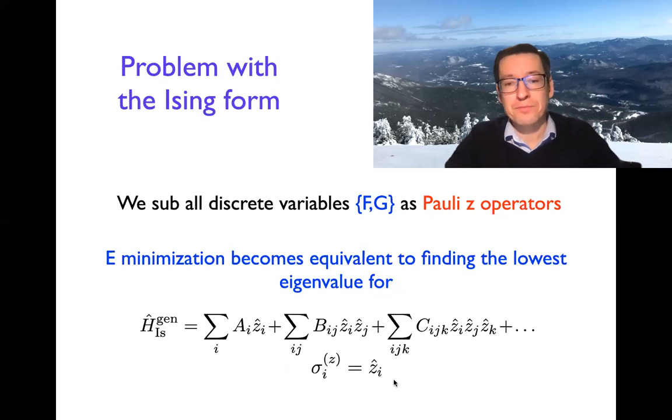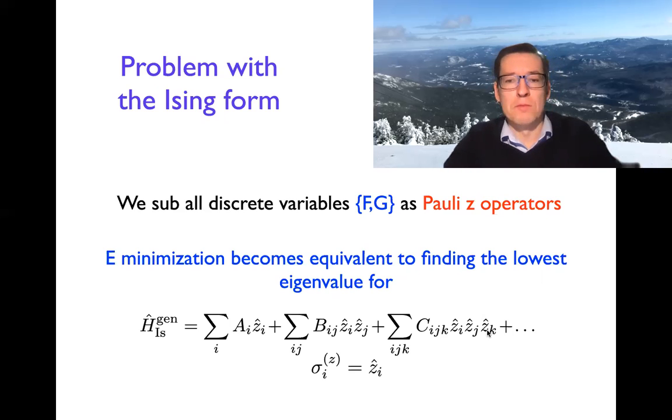And your energy functional becomes an operator with lots of z's, because you have a lot of integer variables once you do the folding. And the power of those z's can go above the quadratic one, right? And you essentially obtain the so-called generalized Ising Hamiltonian.